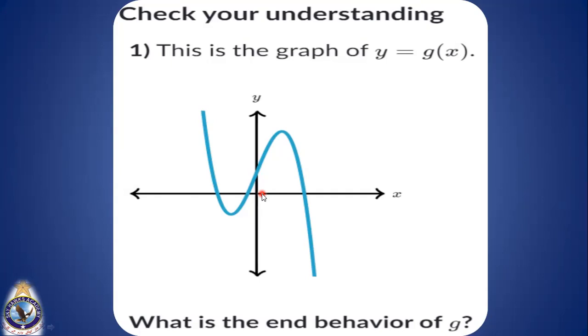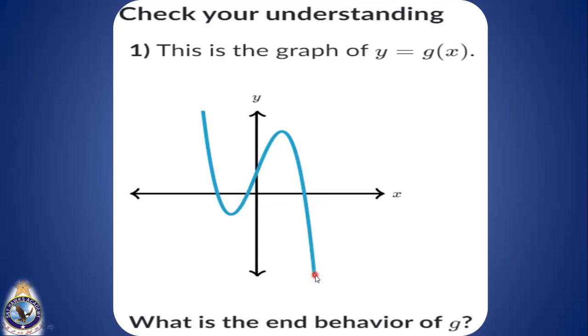So you can say that if you are increasing the x, it's going up, and at some instant it is crossing the x-axis. And if you keep increasing x, it's coming down and down and down. So for the extreme values, if x approaches infinity, it will move down.